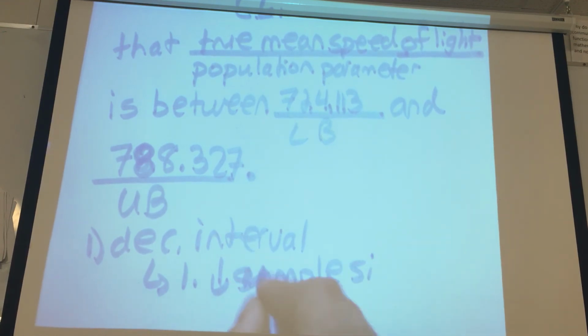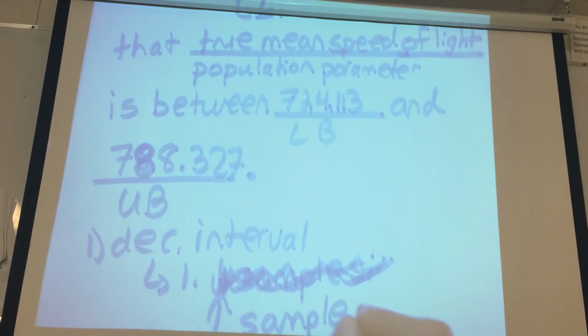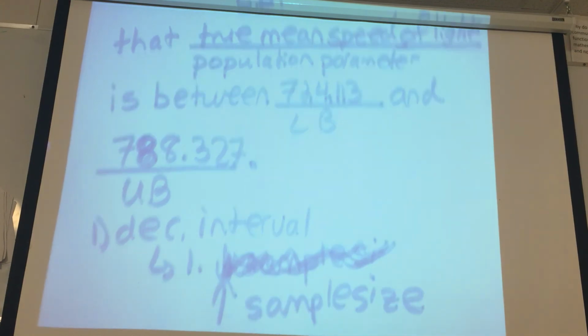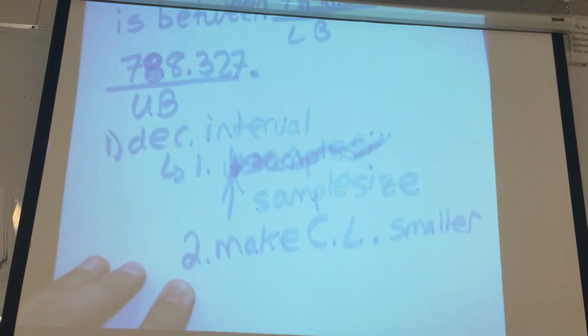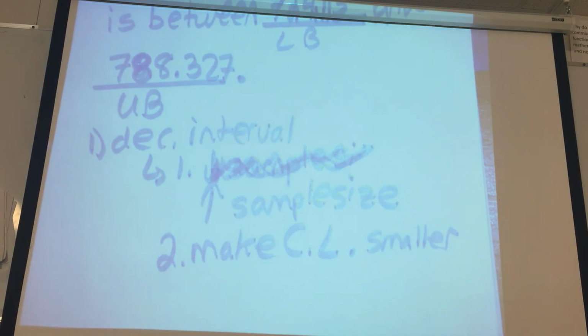No. Maybe I should say increase sample size. Yeah. Increase sample size. Or make the confidence level less. So instead of going for 90%, just say I'll go for an 80% level. Make the confidence level smaller.